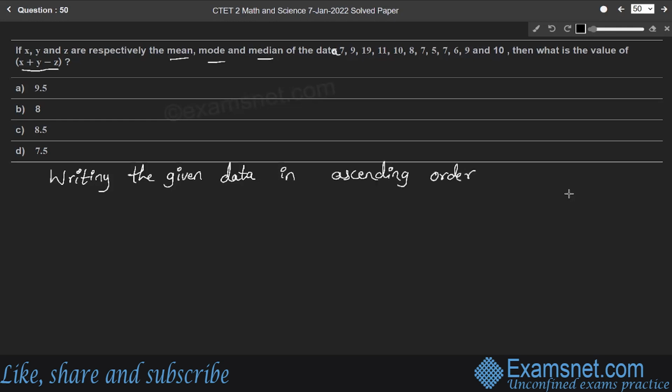First comes 5, 6, 6, 7, 7, 7, 3 times, 8 1 time, 9 2 times, 10 2 times, right? 11 and 19. So here 7 is repeated. It is written 3 times, 9 is 2 times, 10 is 2 times.